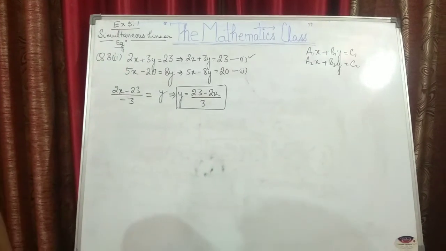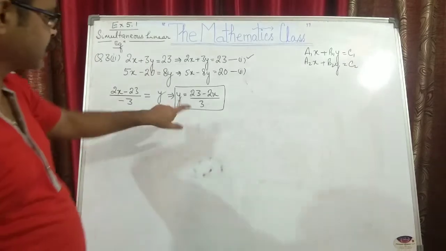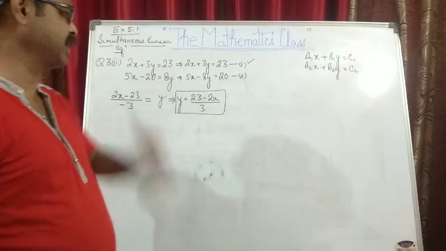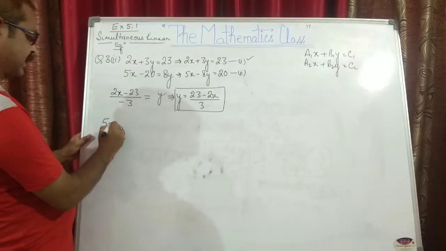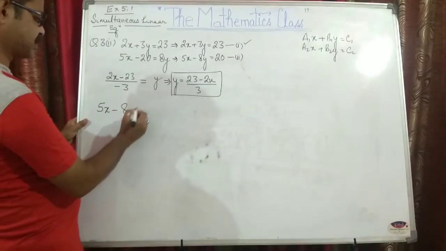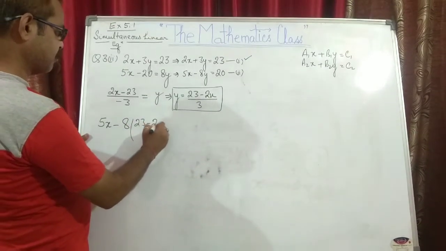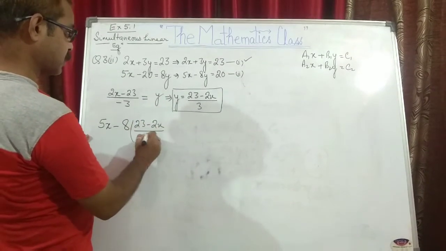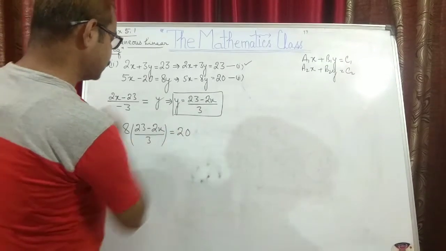This is the value of y. Now taking this value and substituting it in the second equation, I am writing 5x minus 8 into 23 minus 2x upon 3 is equal to 20.